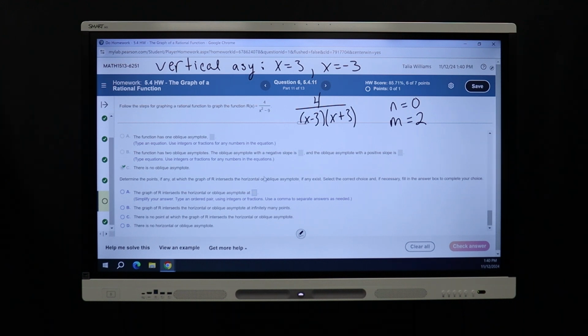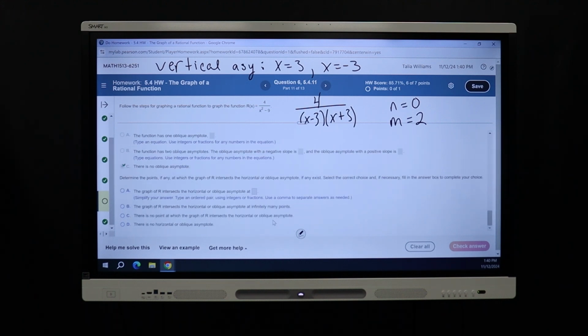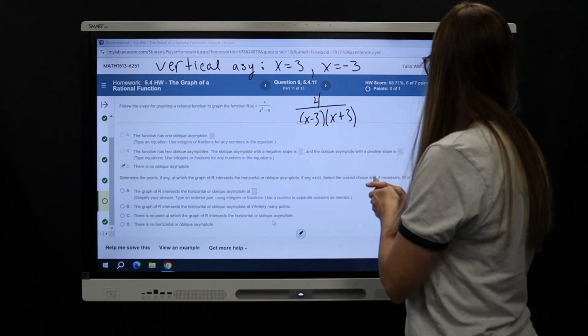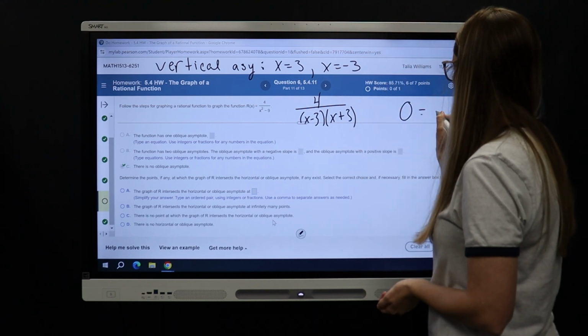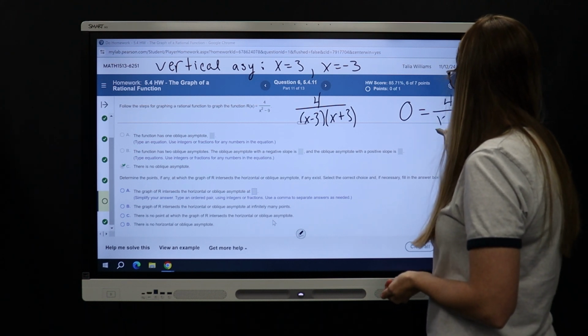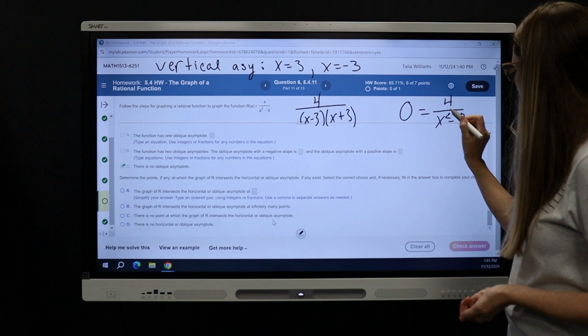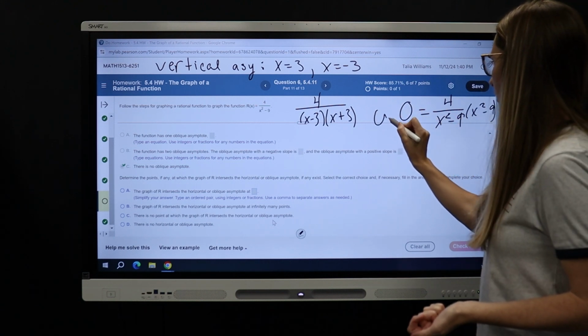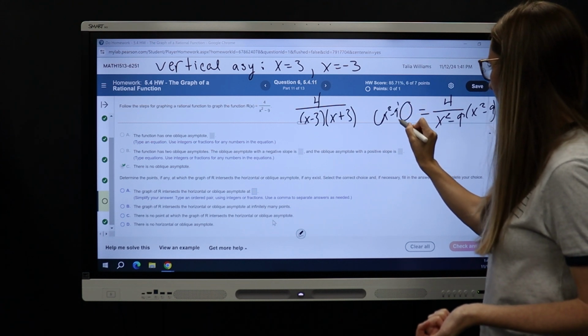The graph intersects the horizontal or oblique asymptote at. So when the horizontal was at y equals 0, we put 0 in for y, and we've done this once. And solve for x. And when we do that, you'd multiply by x squared minus 9 on both sides when you solve it.